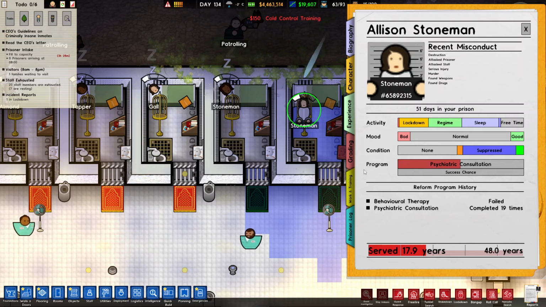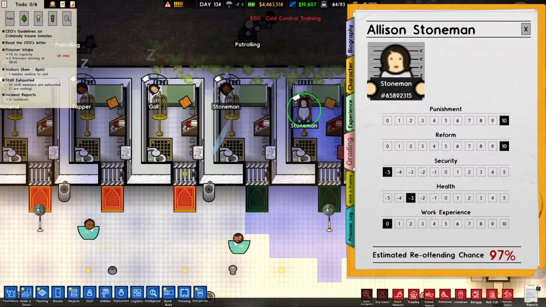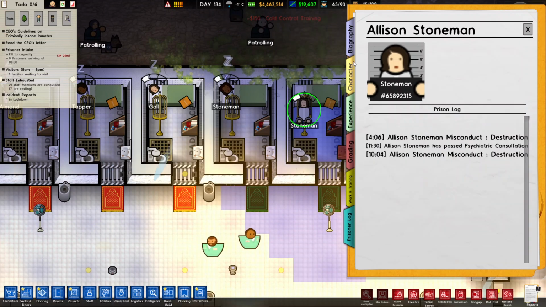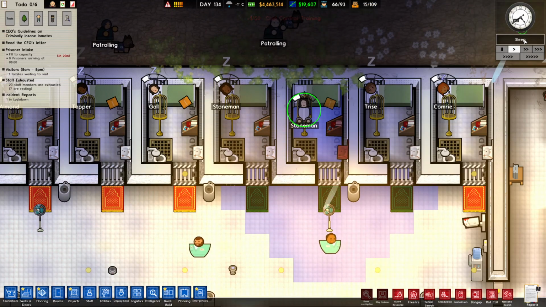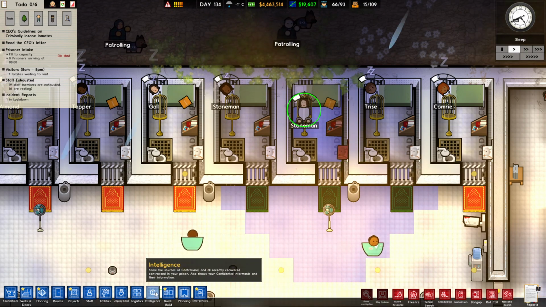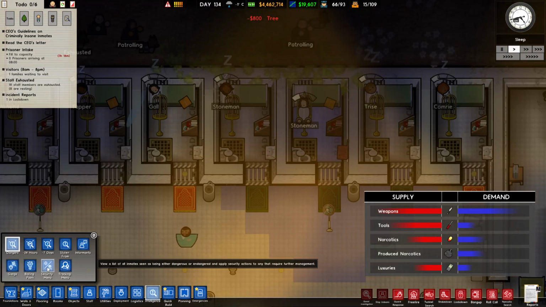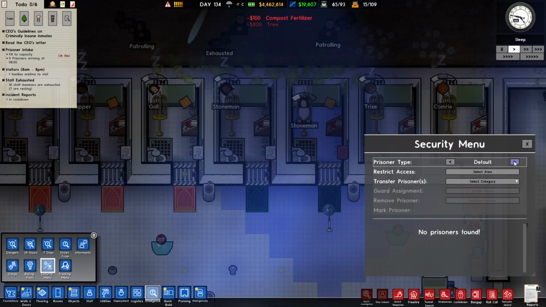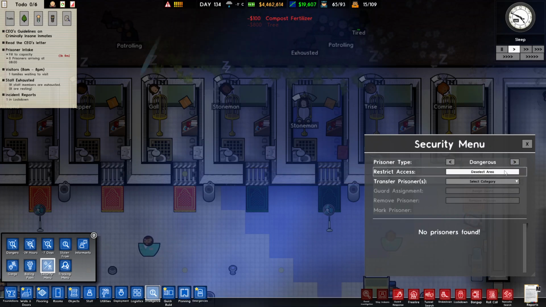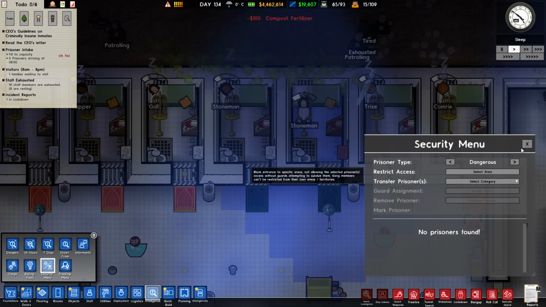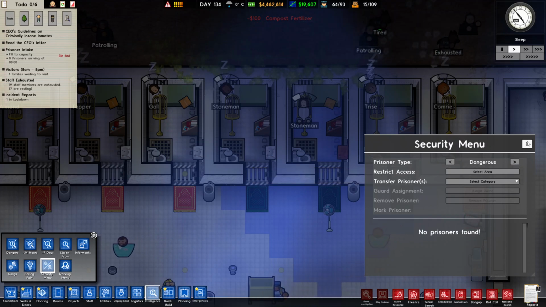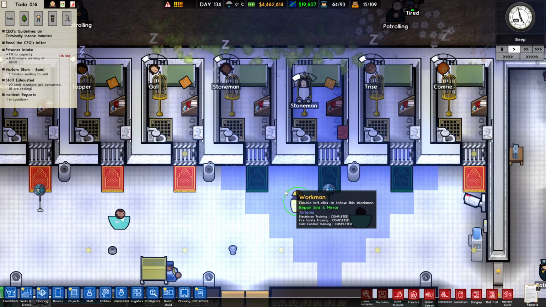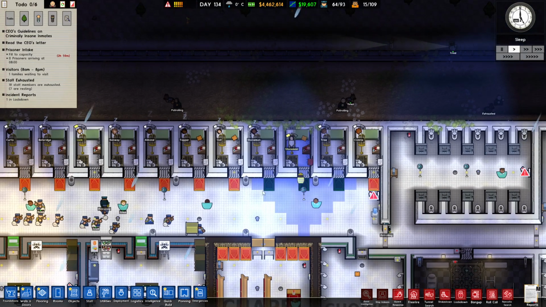Behavioural therapy failed. We've still got a 19% chance of... Tell you what, Stoneman is being quite a nuisance to us. So, let's go and see. I don't know if we can do this while they're in handcuffs. Apparently we can't get rid of these. That's a bit annoying, isn't it?